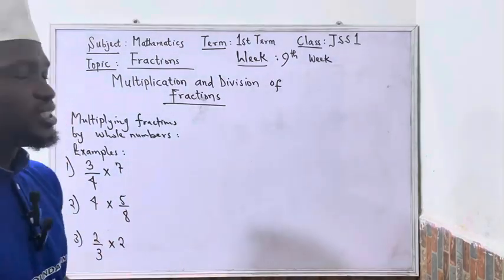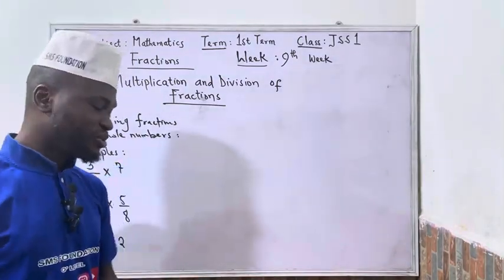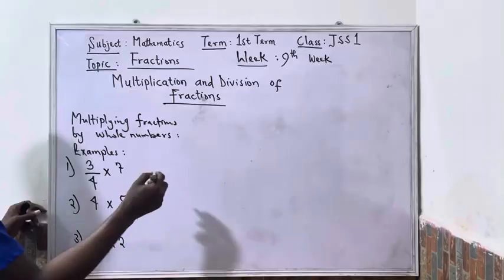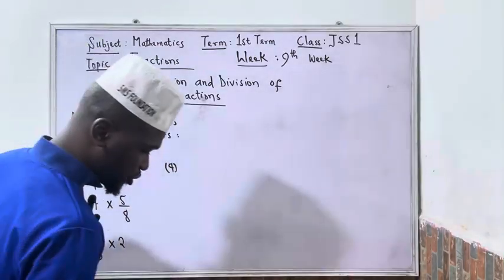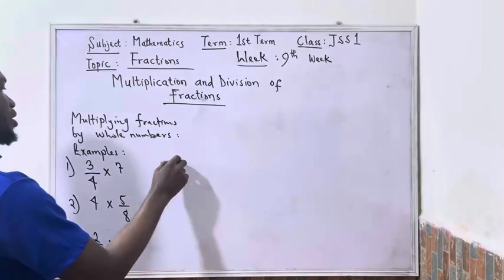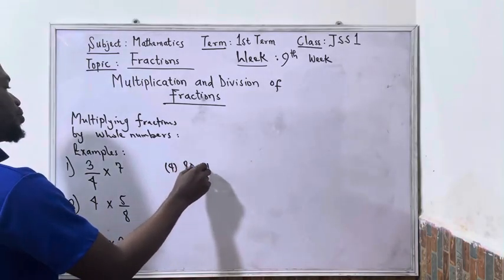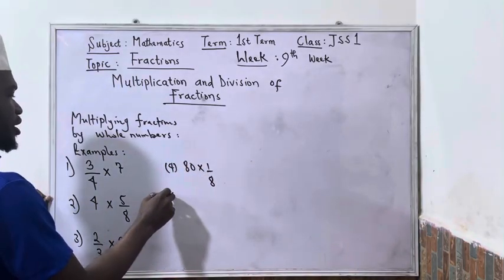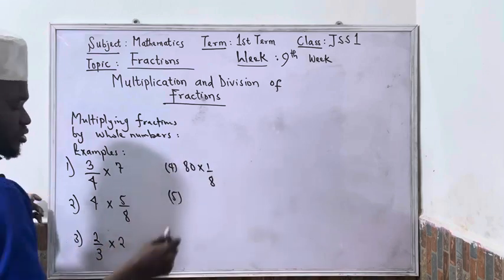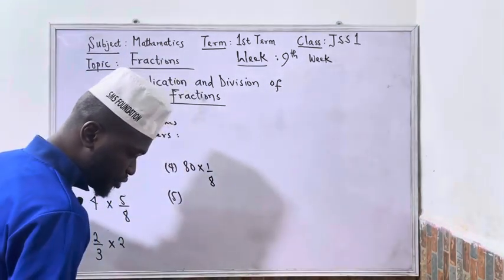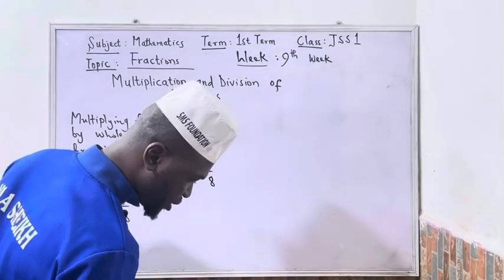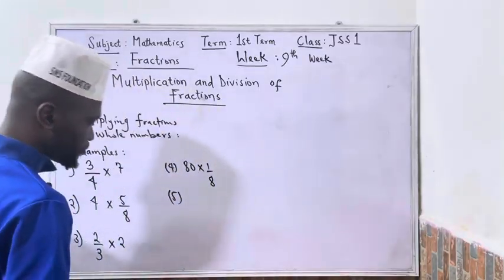All of this can be done in a simple way. Everything is simple. Let me add more questions. Let's say number 4 says 80 times 1/8. And at times, instead of using multiplication, they will use "of", which is also saying the same thing.